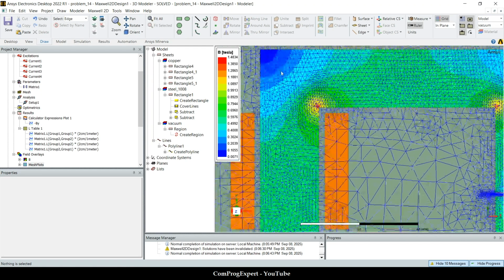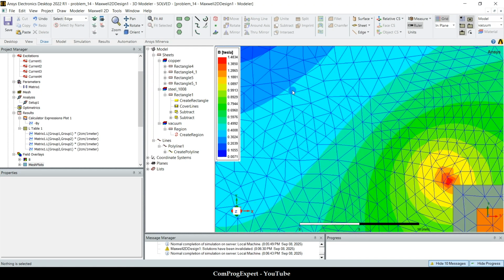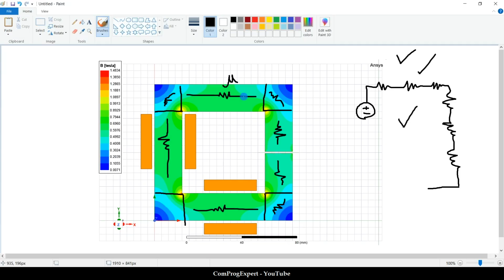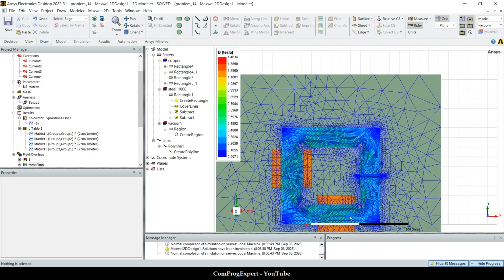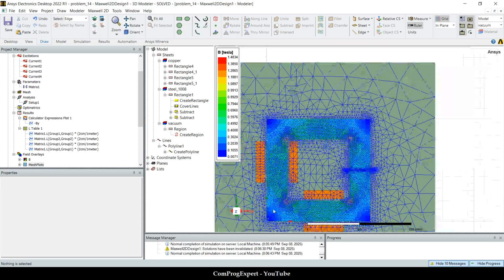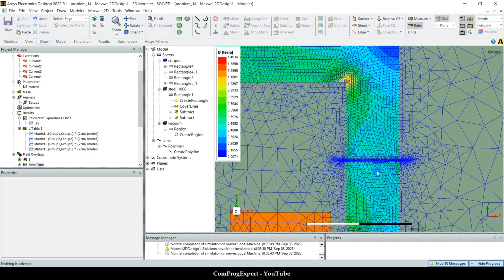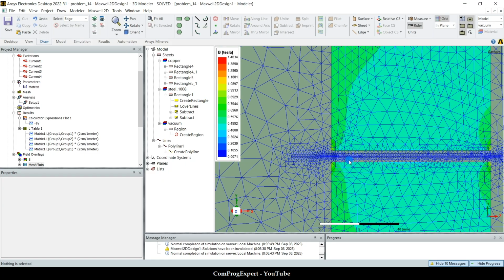Actually, the finite element software do this for us. Each of these triangle is actually one reluctance in our case. And as you can see, the software divided the structure into a high number of reluctances. And we can solve this problem with a good precision.